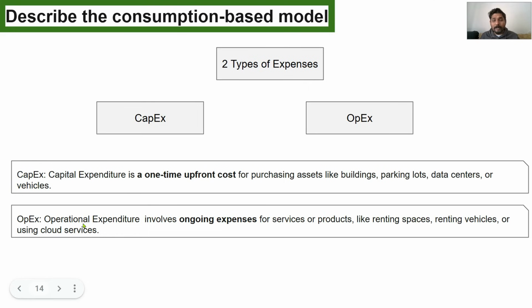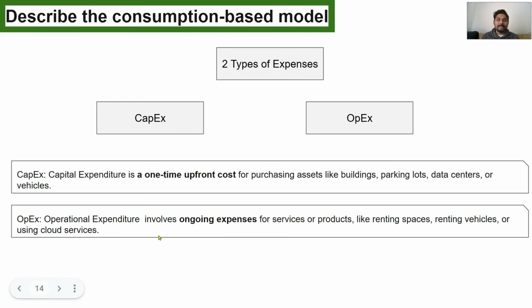OpEx, known as operational expenditure, involves ongoing expenses for services or products, like renting a space. I don't buy the entire building, I rent the space. Let's say I'm going to run this for 3 months or 8 months or 1 year or 10 years. I'm just going to keep paying you every month. That would be known as an operational expenditure. Same thing with the vehicle example, renting a vehicle, or using a cloud service.